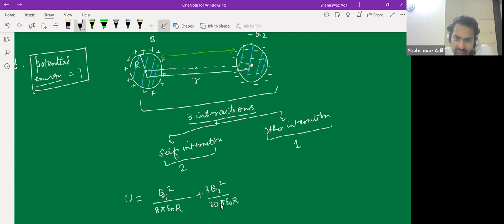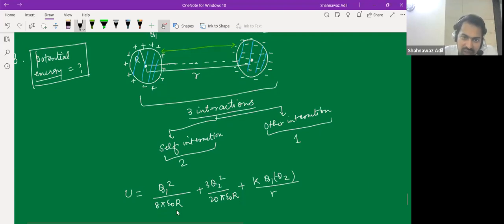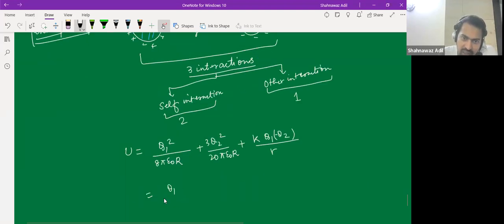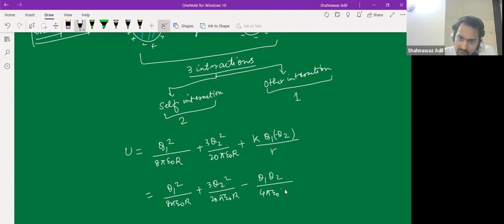And then we have plus k q1 q2, which is minus, divided by r. So we have q1 square by 8 pi epsilon naught r, 3q2 square by 20 pi epsilon naught r, and minus, this is 1 by 4 pi epsilon naught r. Is this clear to you guys?